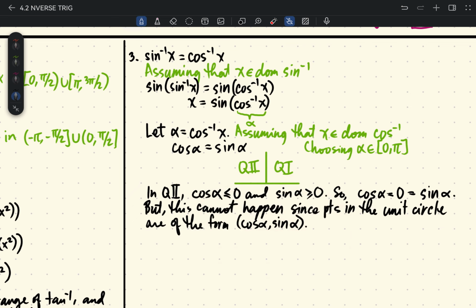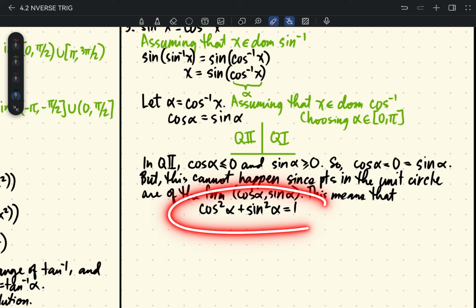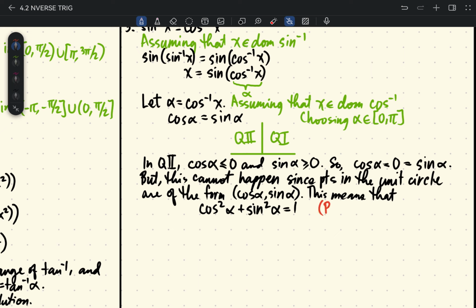And so, this means that cosine squared alpha plus sine squared alpha equals 1. Remember, this one is your Pythagorean identity, right?